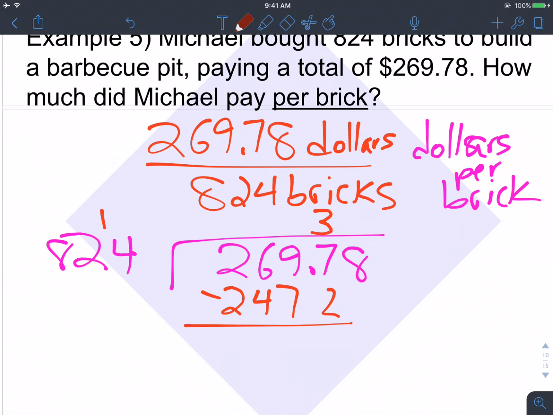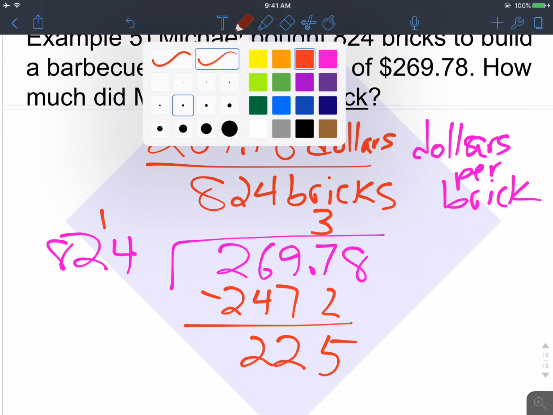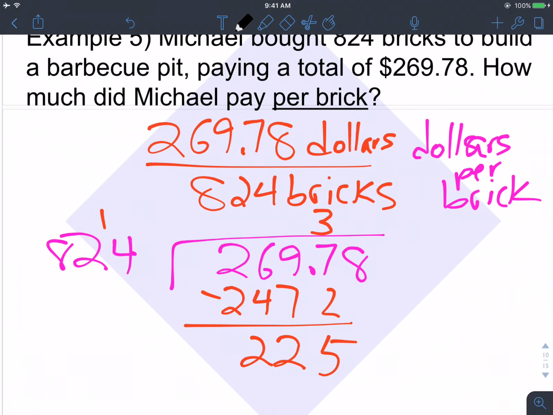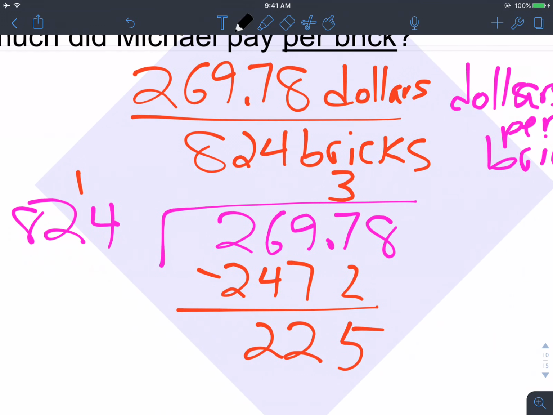I know 8 times 3 is about 24. That's why I kind of rounded it, I guess, 3. Subtract. 7 minus 2 is 5. 9 minus 7 is 2. 6 minus 4 is 2. 2 minus 2 is 0. Okay. Bring down that 0. Or I'm sorry, the 8.